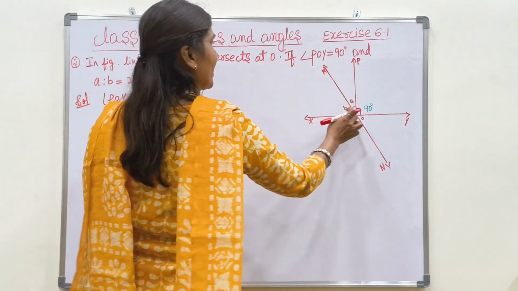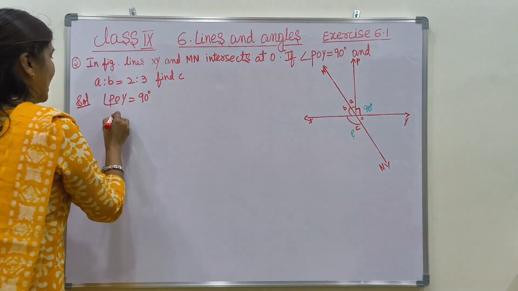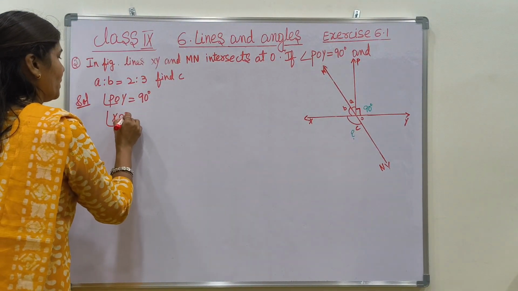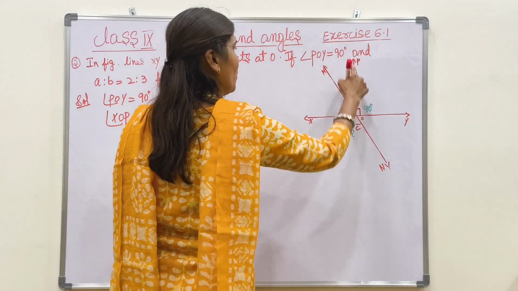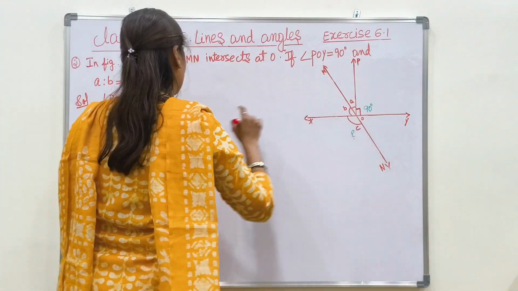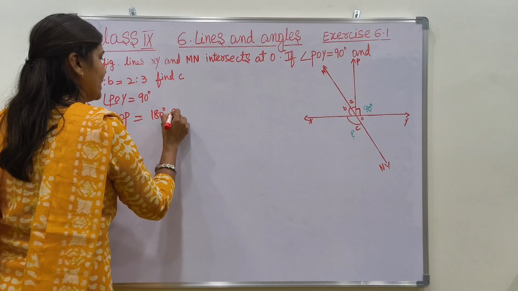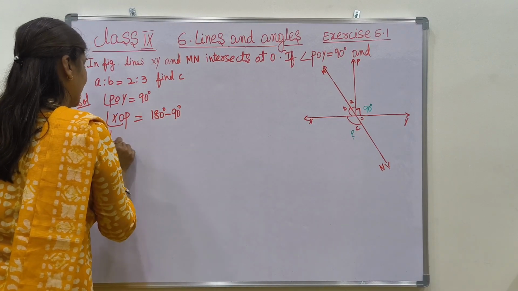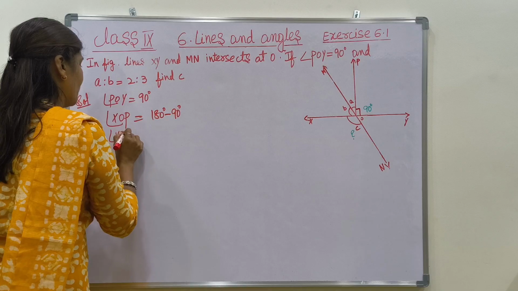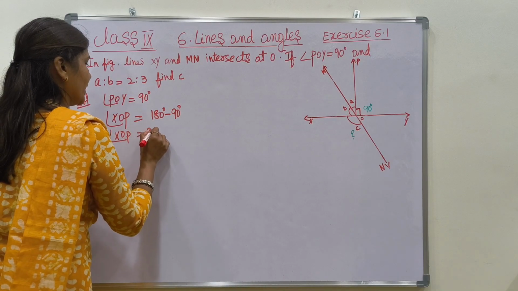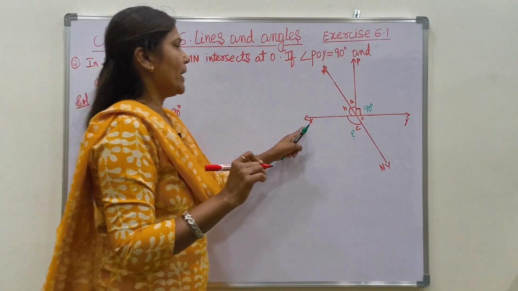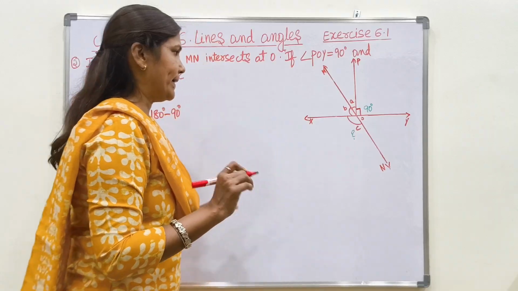So now we will write angle XOP is equal to, this is a straight line, 180 degree minus that 90. You minus means you will get angle XOP is equal to 90 degree. So XOP is the 90 degree.